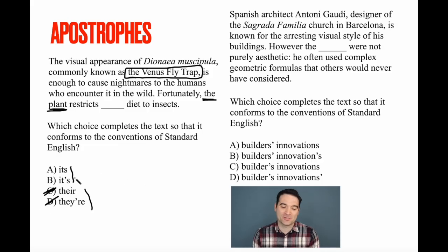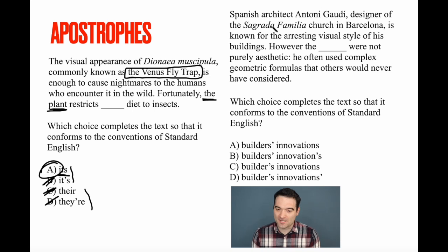Okay, then the question is, do we do IT apostrophe S or ITS? And remember, this is the weird one. IT apostrophe S is a contraction. It is. And its is possessive. So are we saying, fortunately, the plant restricts it is diet to insects? We're not saying that. The correct answer is its, ITS, possessive, because it's the diet of the plant.